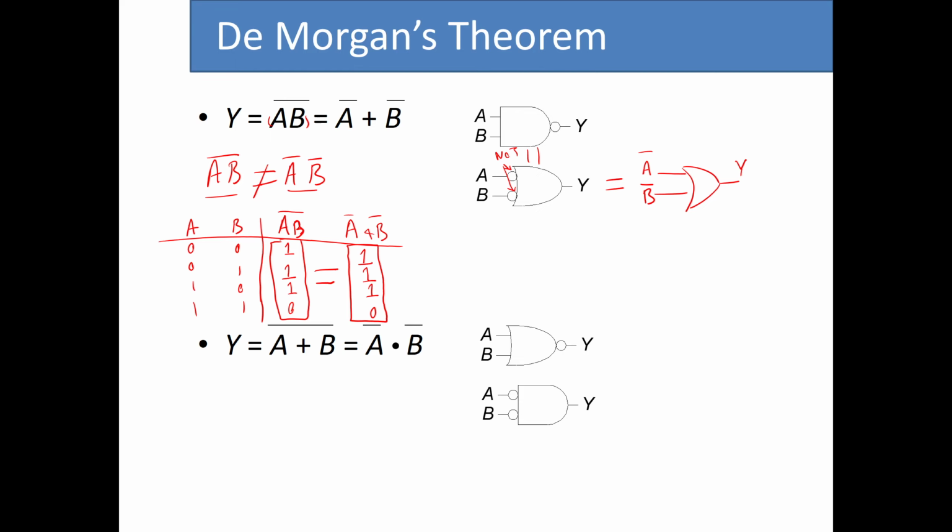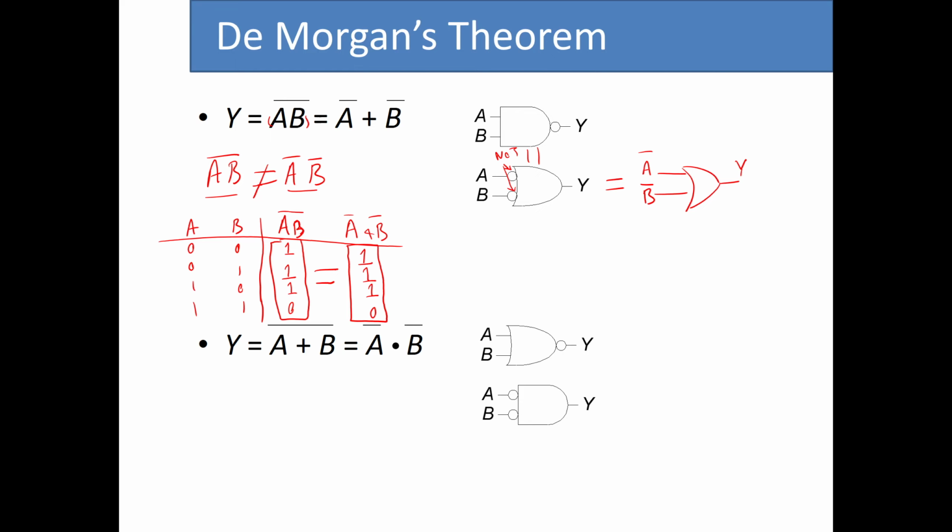For transistors, it is a bit different, so I won't go into them. You have seen it in NMOS and PMOS transistors. For logic gates, whenever you see a circle, that means you are performing a NOT operation.